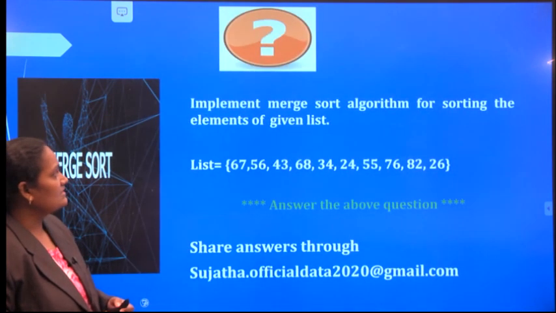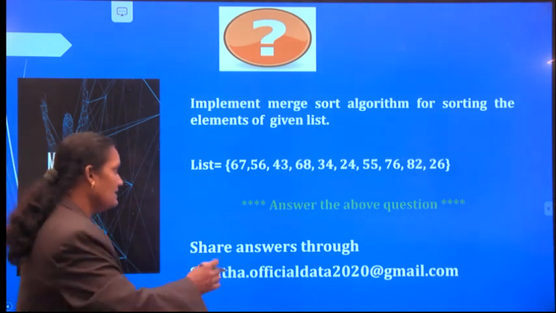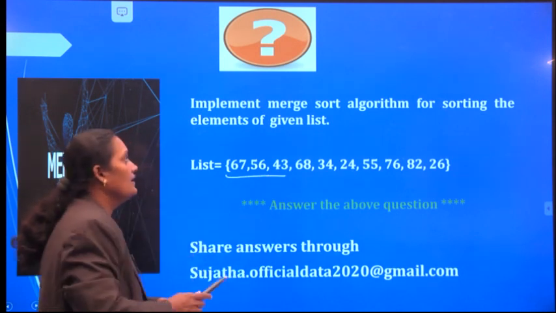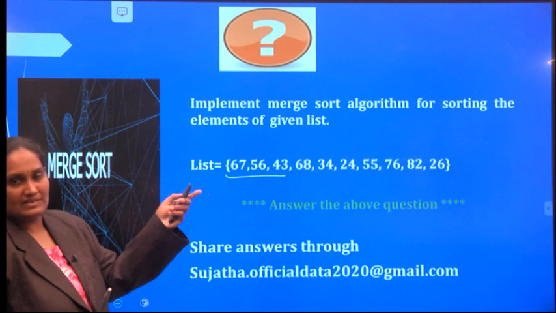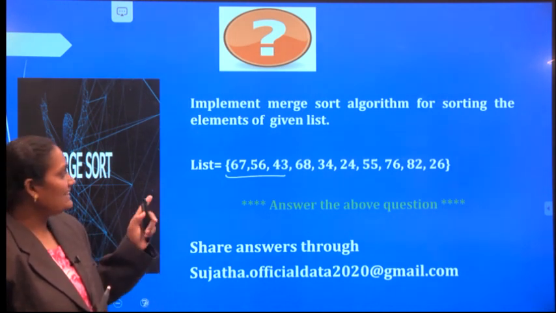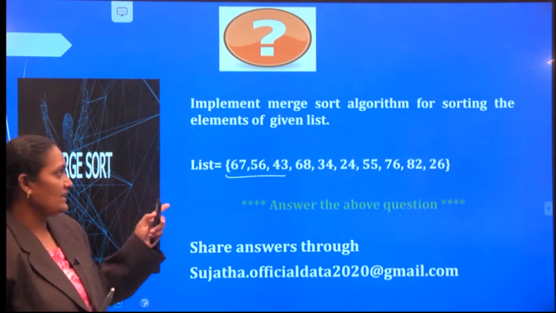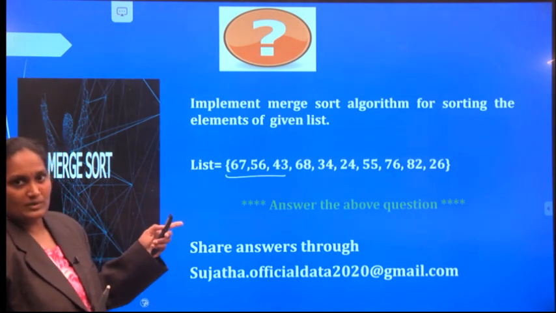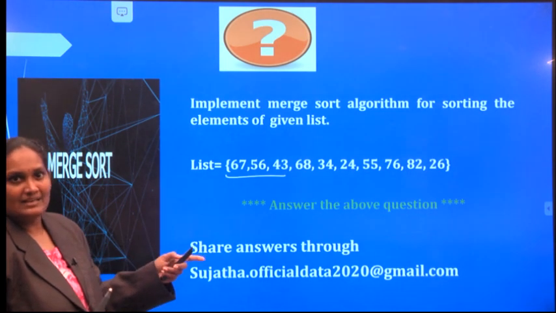The next question is, implement the merge sort algorithm for sorting the elements of a given list. Here I have given a list of elements. You have to implement the merge sort algorithm to sort this given list of elements. So mainly you have to focus on the merging procedure. The dividing procedure is very simple. You just find the mid value every time, and at mid you divide the array.